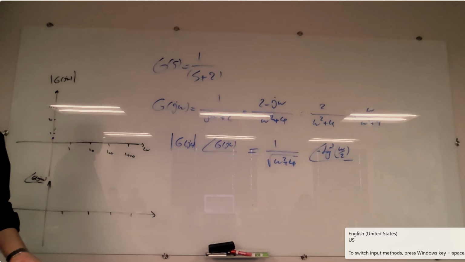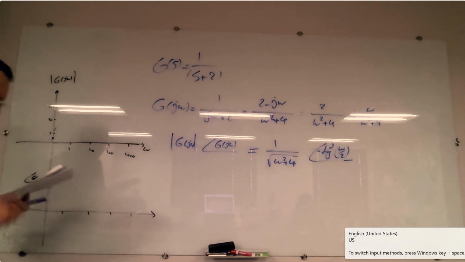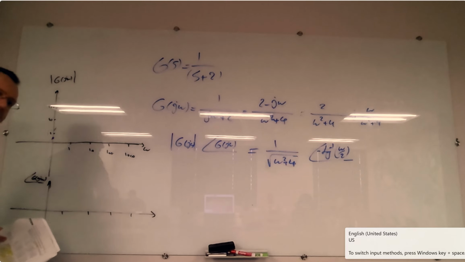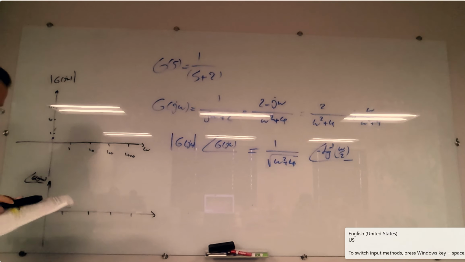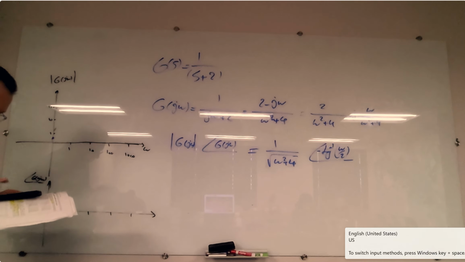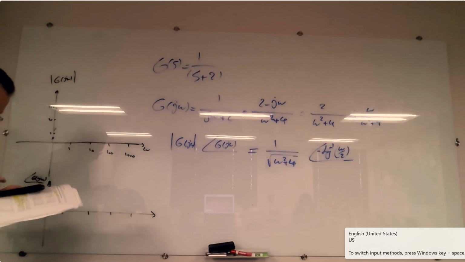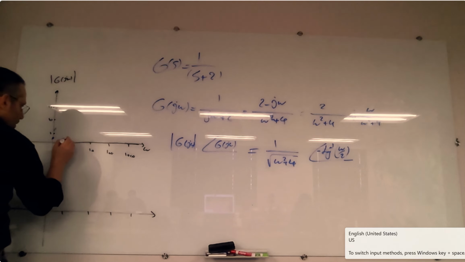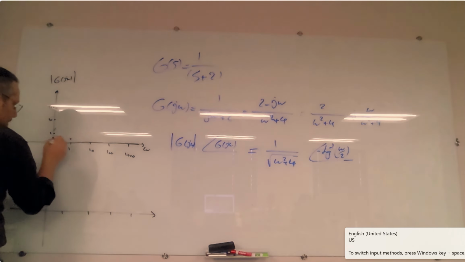Is that correct? So at 1, let's calculate that. Why not? I want to use this example to show you what's happening. 1 over the square root of 5 is actually 0.444. So something right here, a little bit less than that.